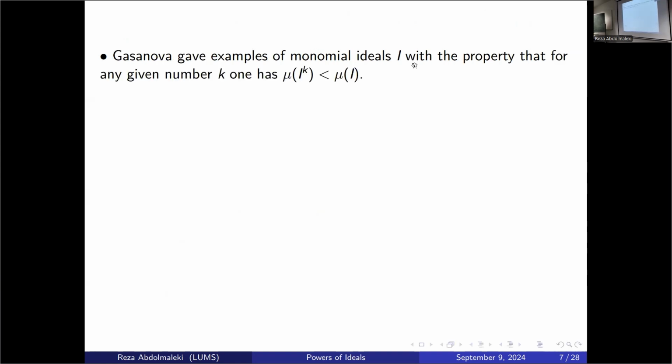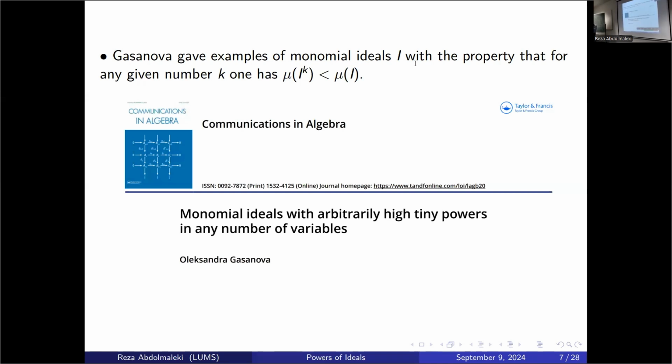And also Casanova provided some examples such that for any even number k, mu of I^k is less than mu of I. This is published here, but it is not just a theorem, it is one section of this short paper.